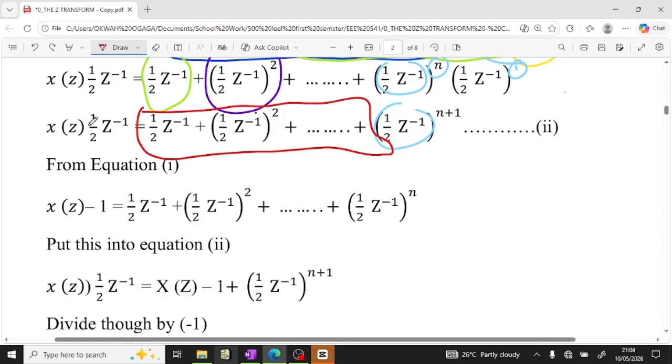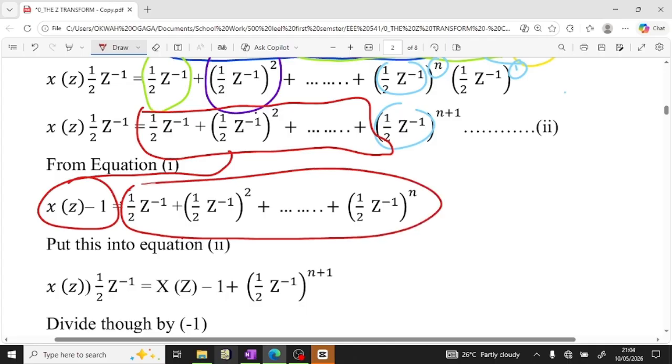And in equation 2, all these things you have here, everything here is now the same thing as what? This guy. Because this guy is equal to this guy. So instead of writing this whole long thing, just write x of z minus 1.